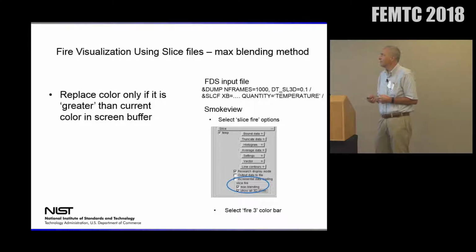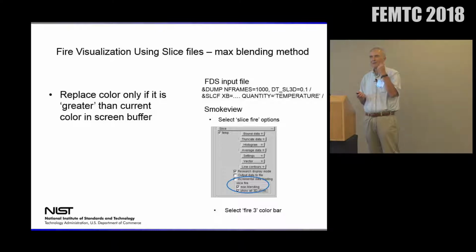Now, another method for visualizing smoke is, the first method we're using blending. So basically, you take a linear combination of the colors that you're drawing with the colors that are currently in the buffer. Now, what the max method is doing is saying, if you've got a very bright fire at some region, use it no matter if it's brighter than what was there before, and don't take into account anything that's there before.